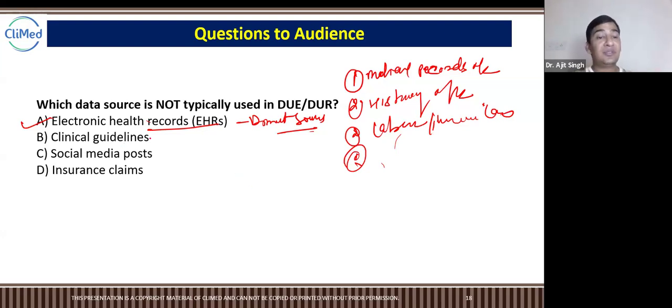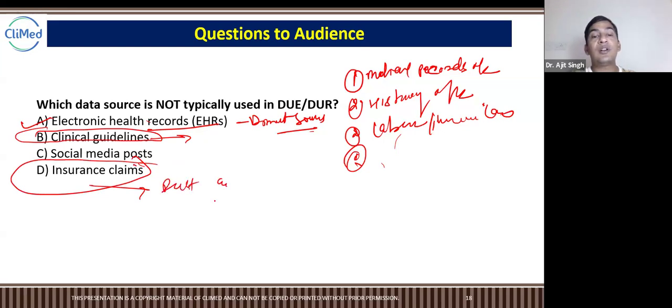Then clinical guidelines. Clinical guidelines will help you again. Can someone tell me why and how the clinical guidelines will help you in DUR or DUE? And then the insurance claims. Let me tell you about the insurance claims. Insurance claims will also have the details of all the procedures and medications and days in the hospital or conditions.